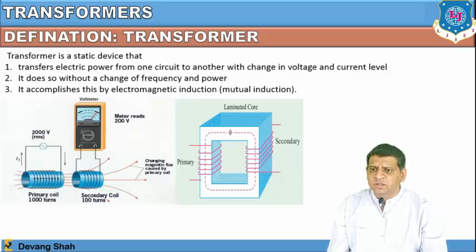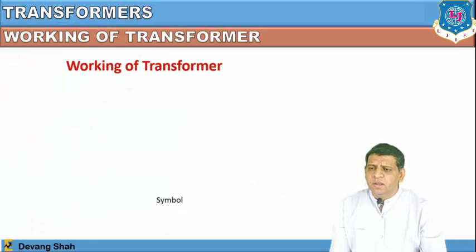So here, as I said, the generation of magnetic flux will link with the secondary winding. This induced EMF we define as a mutually induced EMF. That is the basic principle behind the transformer. So the transformer works on the principle of electromagnetic induction, which is given by Faraday's law.